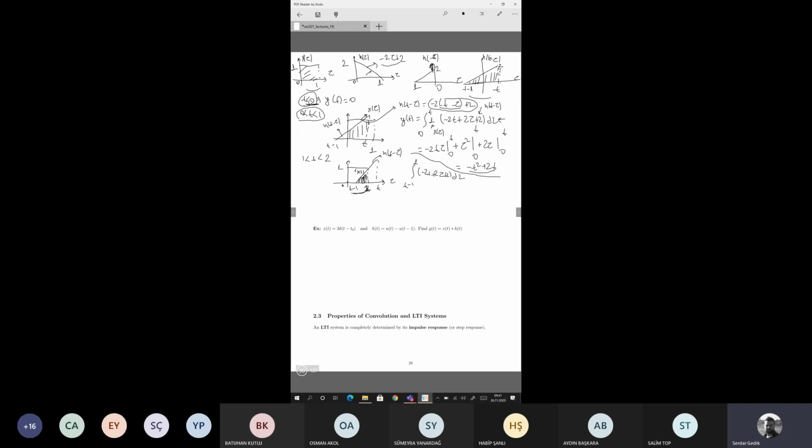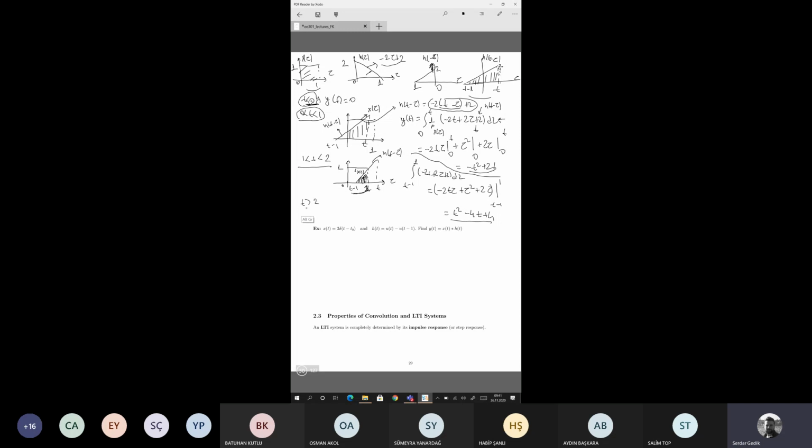Evaluating terms, it is the same idea as above: minus 2t tau plus tau squared plus 2 tau integrated from t minus 1 up to 1. If you solve this, you will find that this is simply t squared minus 4t plus 4. So for t from 1 to 2, this is my result.